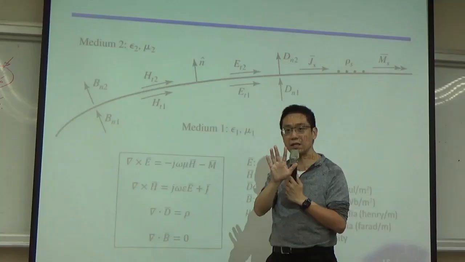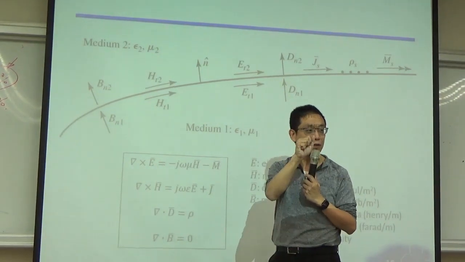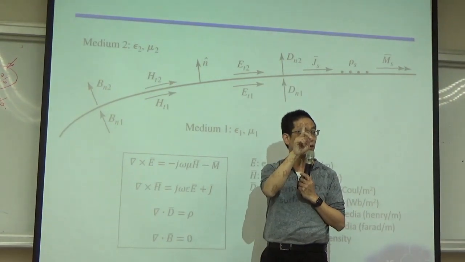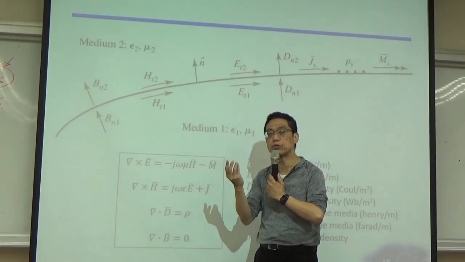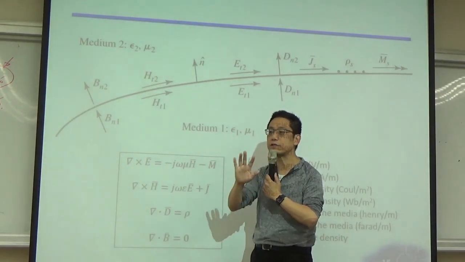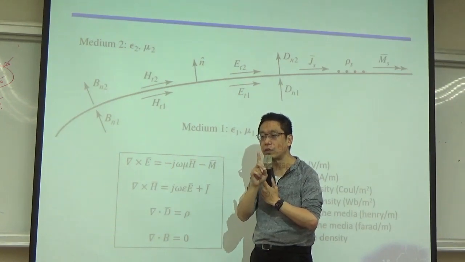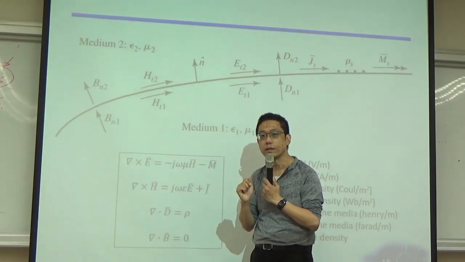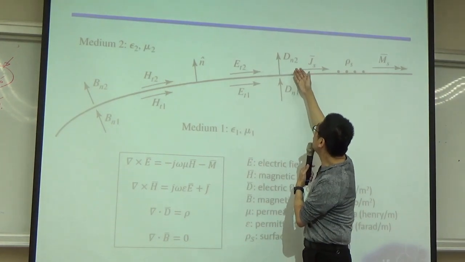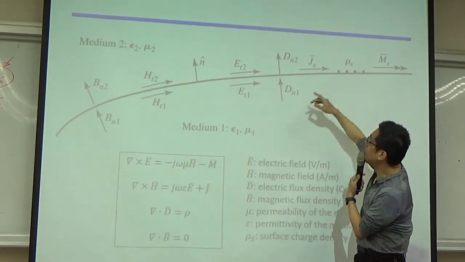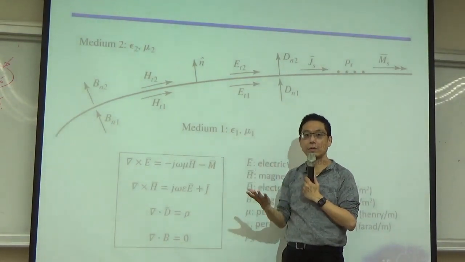Okay? In the static state, which means the time is stopped. So far, we are talking about a more general situation. Maybe I should not say time is stopped. I should say we are talking about a more general situation. So the E field, D, J, B and H, all of them are in general.